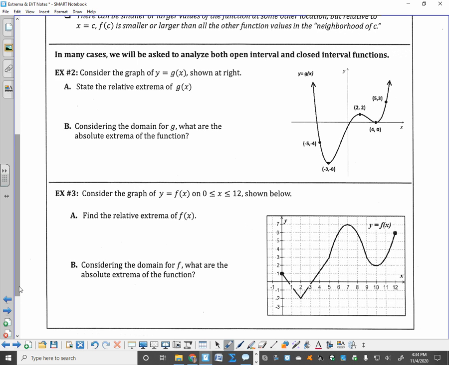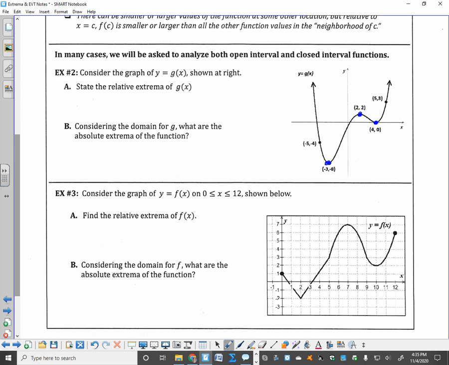So I see an absolute min, a relative min, and a relative max. This function will not have an absolute max because it never stops increasing. Now, if you change the interval, then it's a different story. But if I'm looking at the entire life of this function, then I see an absolute min, a relative min, and a relative max.